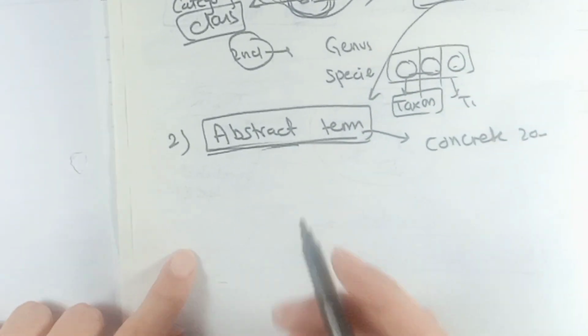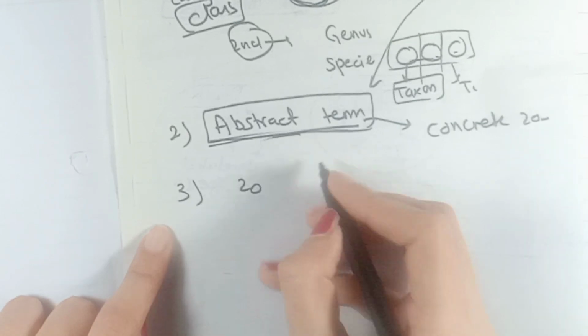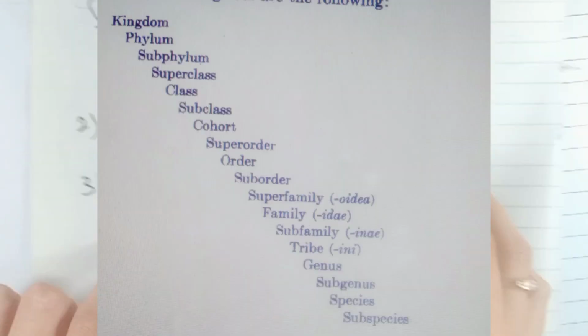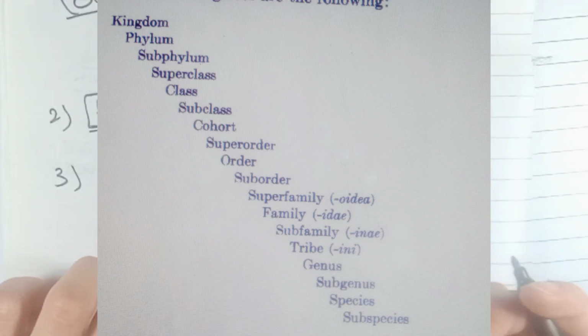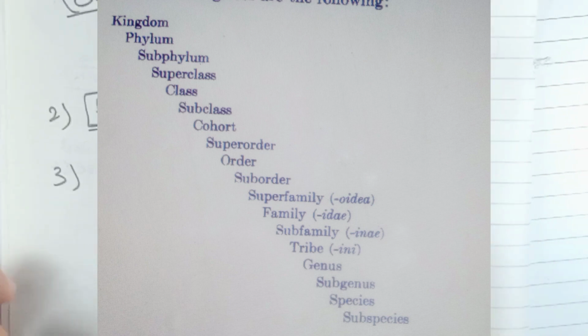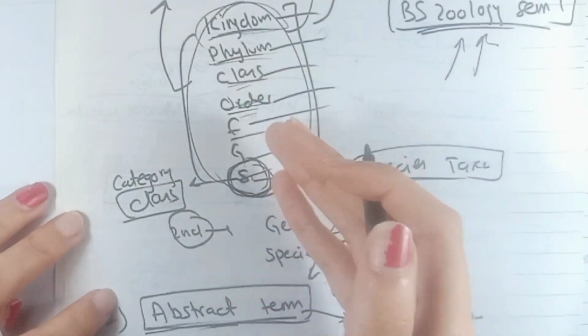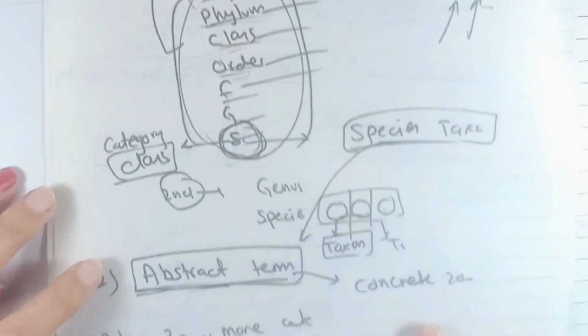All right, so there are 20 or more categories, and you can see on the screen all of these are the categories. Okay, so like kingdom, phylum, subphylum, class, subclass, order, suborder, these are all the categories.